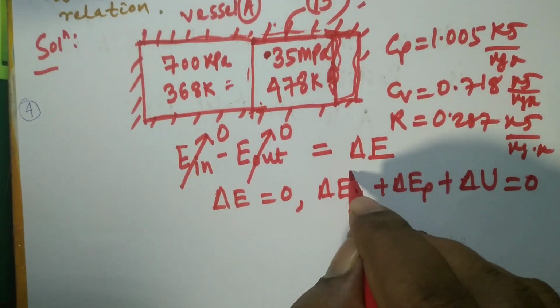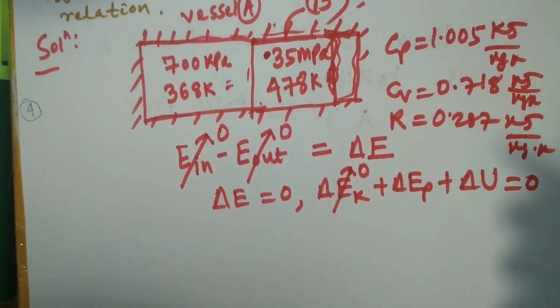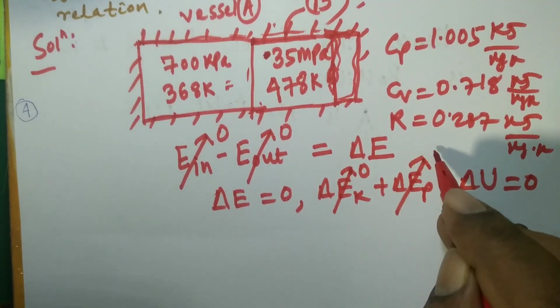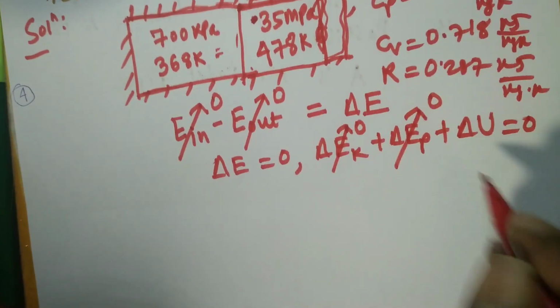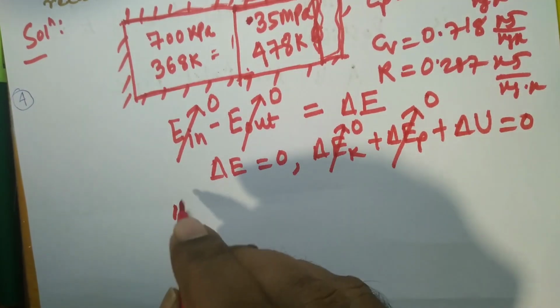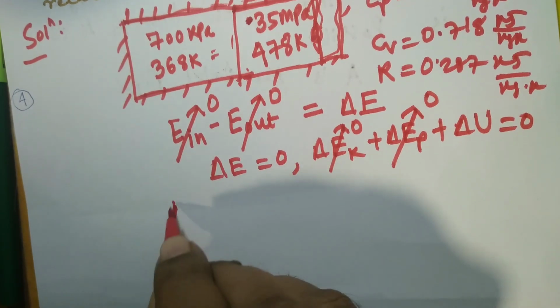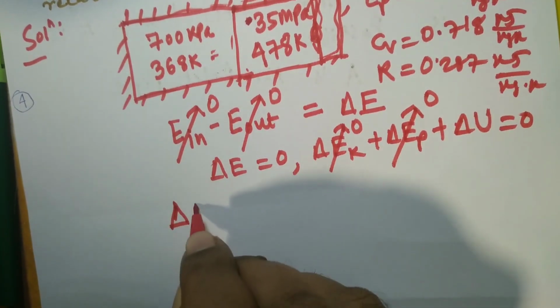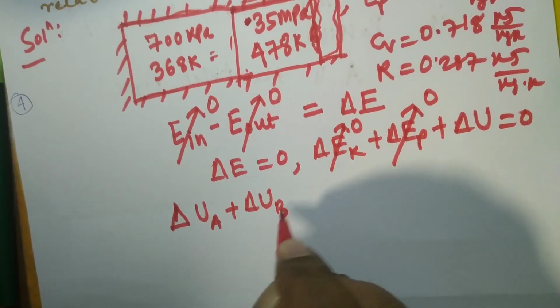But here it is obvious that there is no change in kinetic energy and no change in potential energy, so these two terms are 0. So now delta U is equal to 0. Internal energy is an extensive or additive property. So delta UA plus delta UB is equal to 0.